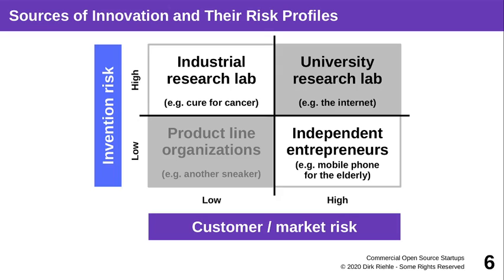Industry loves low risk in terms of markets, and they don't mind the innovation or the invention risk as much because they know what the return on investment will be if they succeed. So the obvious example here is the cure for cancer. If you could only find that cure for cancer, or maybe whatever, that drug for hair loss, you know you have a market. It's just not a problem that's easy to solve.